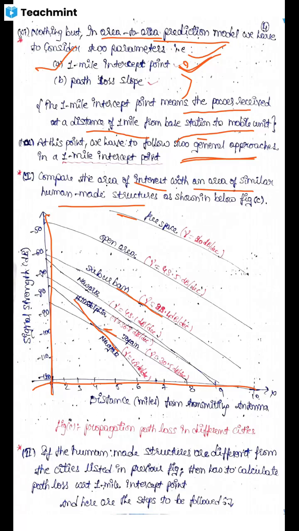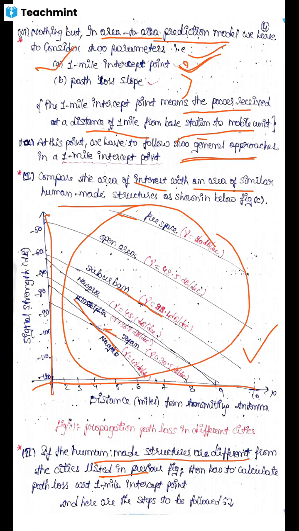Now in the second case, it was asked that if the human-made structures are different compared to the cities in this graph or path loss curve, then how will you calculate the path loss curve at the 1 mile intercept point?